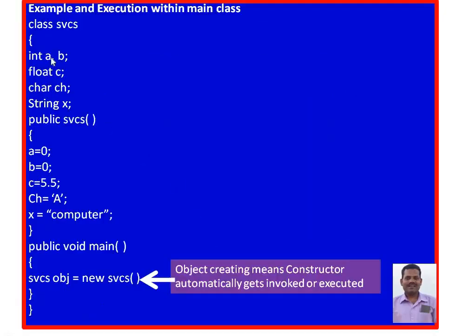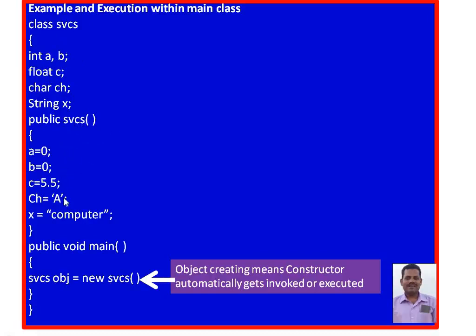Now come to the example and execution within the main class. This is the complete program written here. You may execute it on your computer. Class SBCS, int a, b, float c, char ch, String x. public SBCS. The class name and constructor name are both the same.